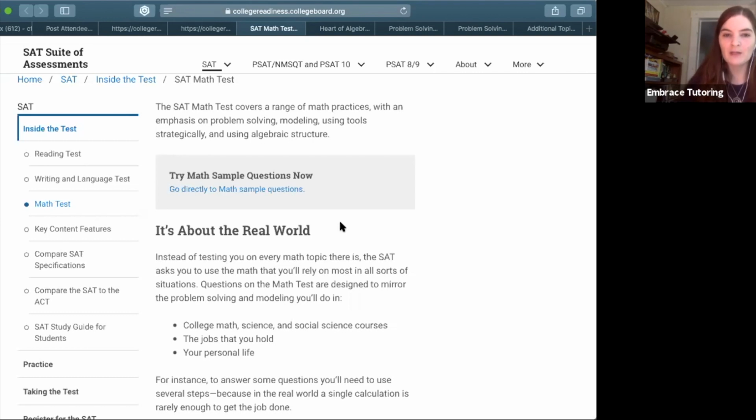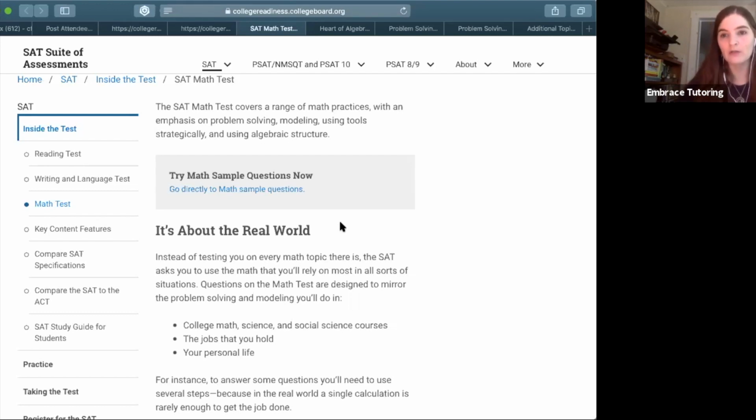So the main point about the math test is that there are two tests. Basically, you have a calculator portion, which is the fourth section of the exam, and then you have the non-calculator math section, which comes before that, which is the third section of your test. Generally speaking, the order in which you've seen the sections of your exam appear in your practice test is the order in which they typically will appear.